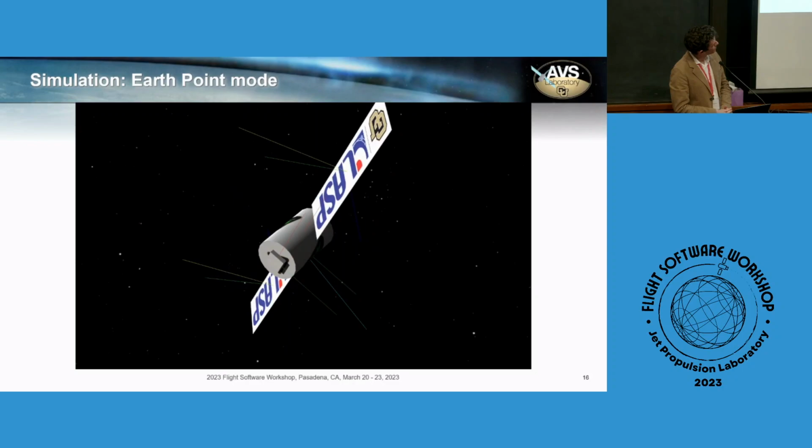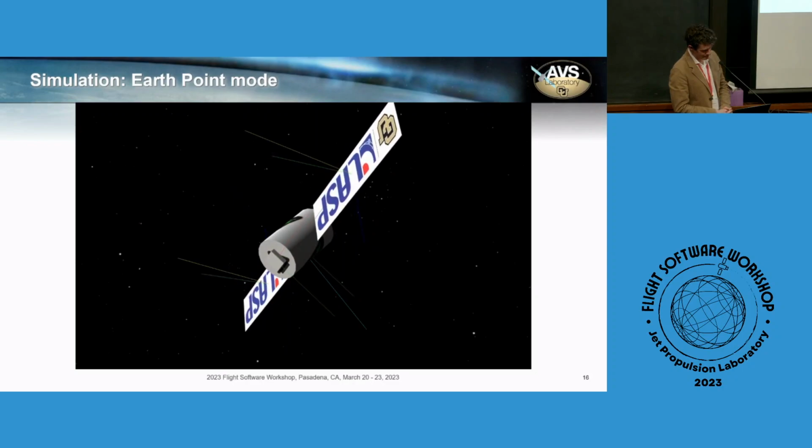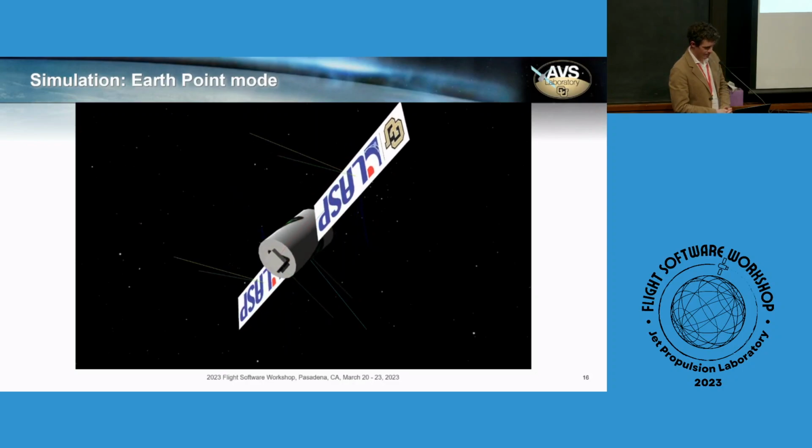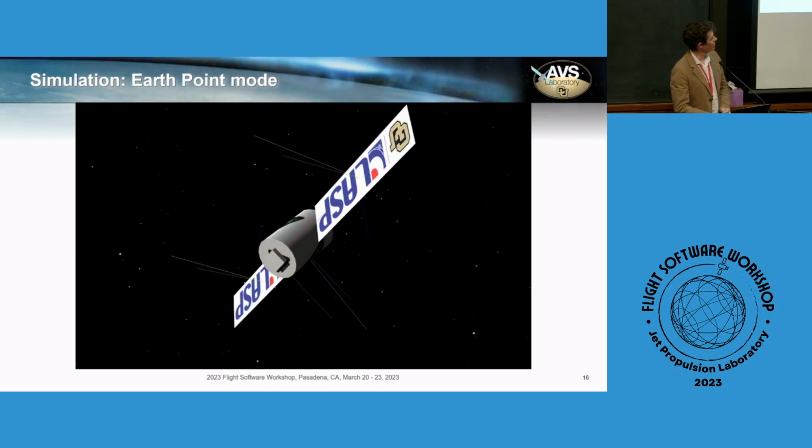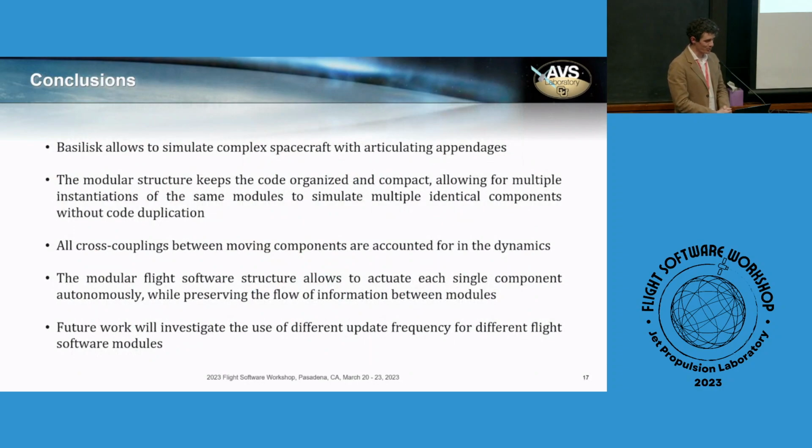Let's give it a couple more seconds. Well, I'm already almost over time, so you're going to have to trust me on the fact that they do converge. So to conclude, Basilisk allows us to simulate very complex spacecraft with articulating appendages.